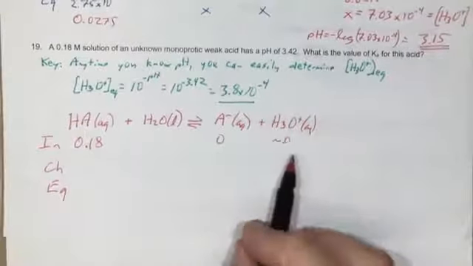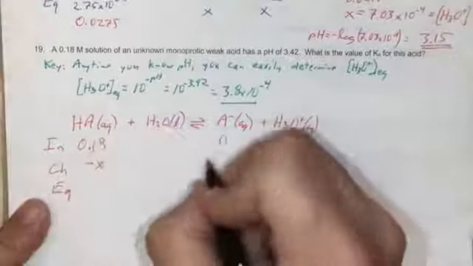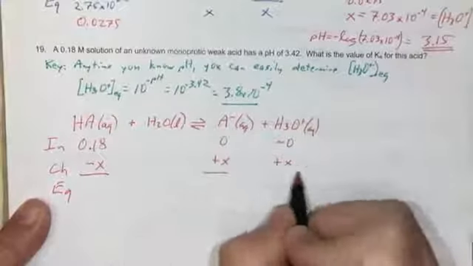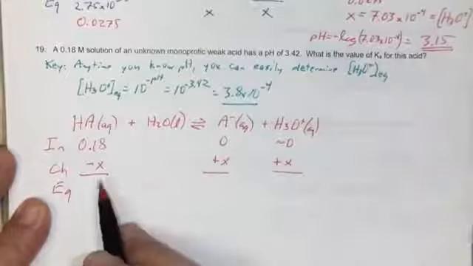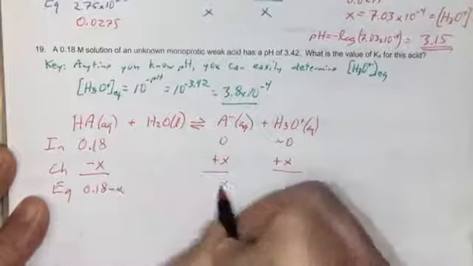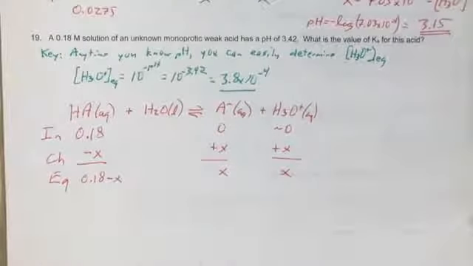It's really a 10 to the negative 7, but that's approximately 0. This is going to go forward, so we put minus X, plus X, plus X. Now, I don't know what Ka is, so I don't know if I can ignore X or not. So I'll put 0.18 minus X, X, and X. So that's the ICE table.